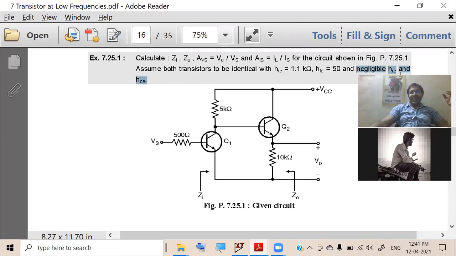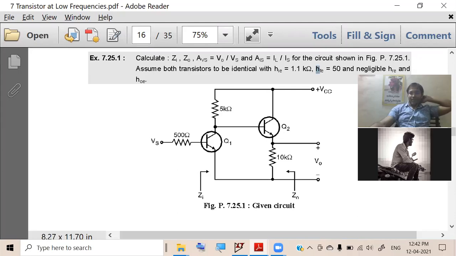Exact analysis has four terms. When we neglect the HRE term and the HOE term, we get the approximate analysis. The question says negligible HRE and HOE. So which analysis should we use? Please answer, approximate analysis or exact analysis?